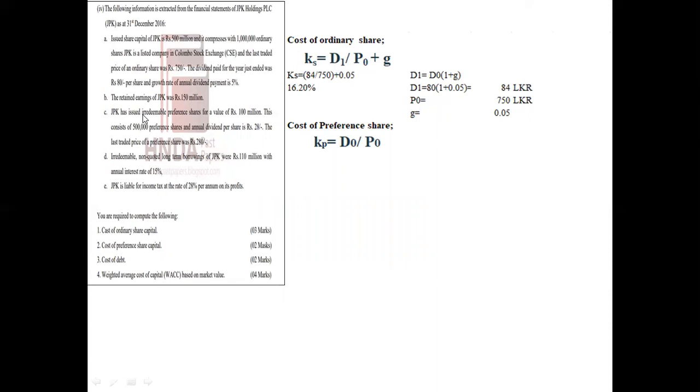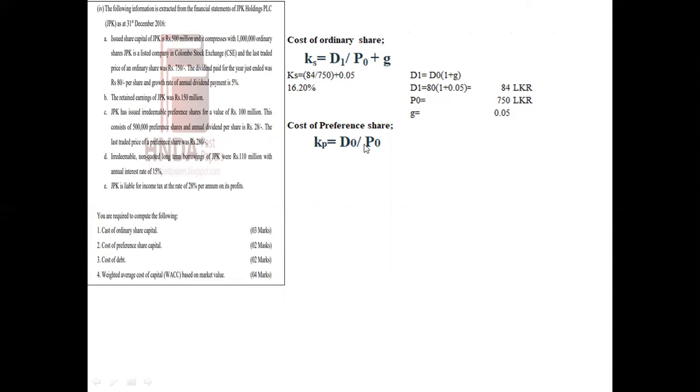With the term preference shares, as I explained again and again, there can be two types: irredeemable and redeemable. When it becomes irredeemable preference shares, we need to adopt this equation. When it becomes redeemable preference shares, we have to use the IRR value.